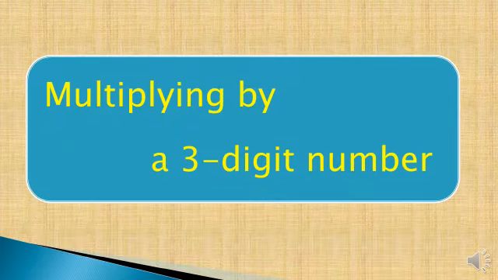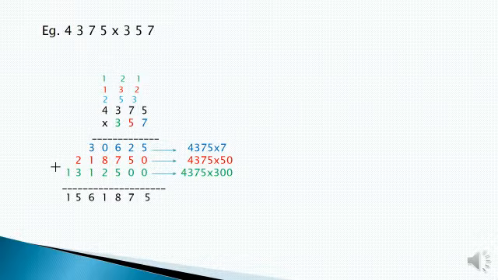Now you are going to learn how to multiply by three-digit number. Now I am going to show you how to multiply 4375 by 357. You have already seen how to multiply 4375 by 57. Now it is a three-digit number, that is 357.